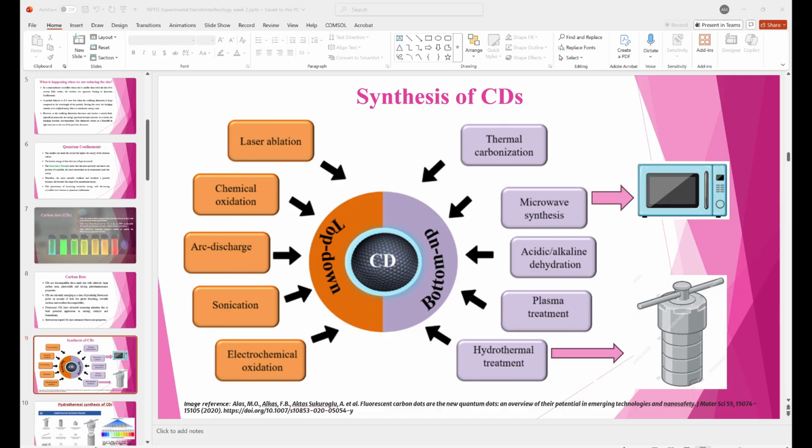Do you think you can see the carbon dots in SEM? Characterization technique for carbon dots.